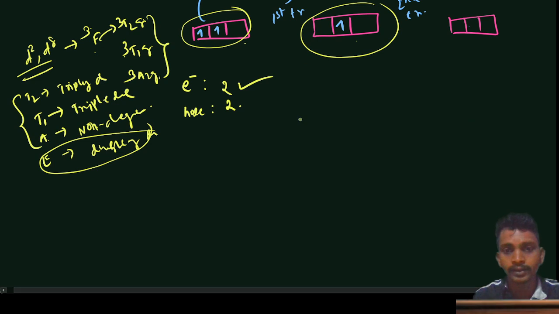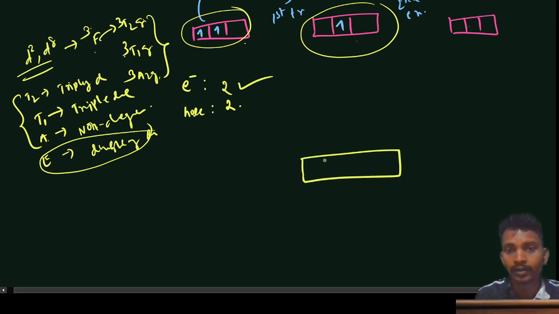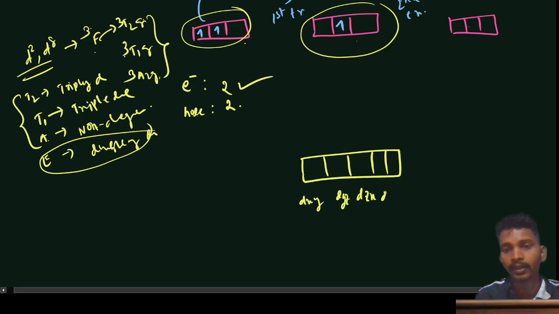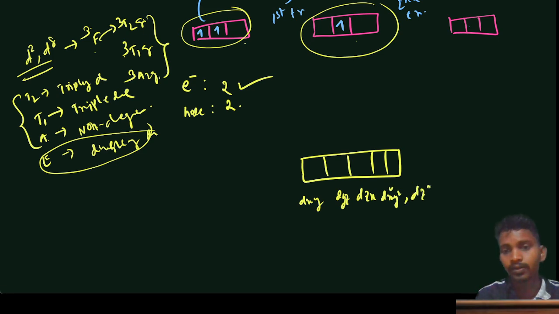Let's say we have the d orbitals: dxy, dyz, dzx, dx square minus y square, and dz square.